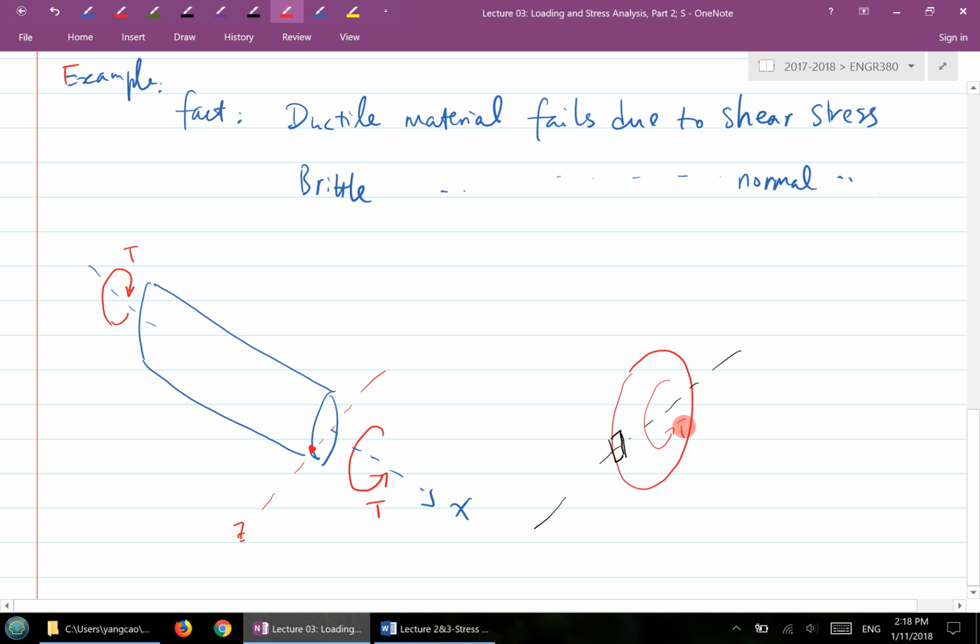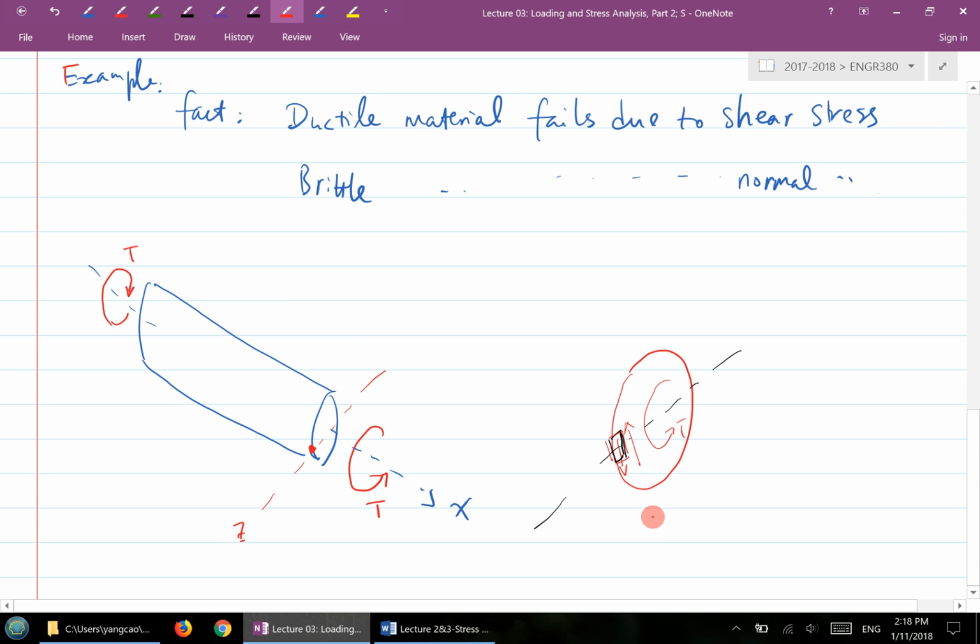So at this location, if I want to draw the shear stress, if you recall from the first lecture, what direction will the shear stress point at this location? Pointing up or pointing down? You have a shear stress caused by the T at this location. Should I draw a shear stress going this way, or this way?